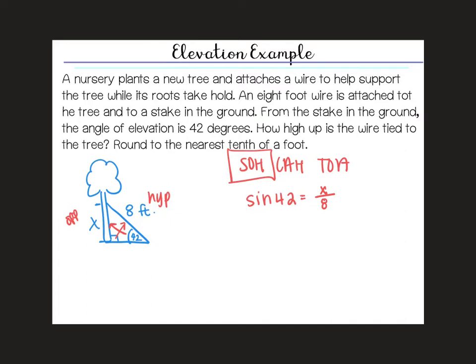This time to solve, I would just multiply by 8 on both sides, and I get x equals 8 times sine 42. So type that into your calculator, again, making sure that it is in degree mode, and you should get 5.35, which rounded to the nearest tenth would be 5.4.